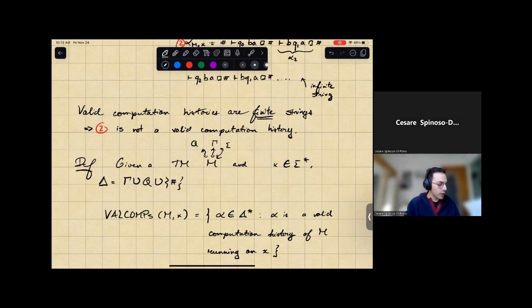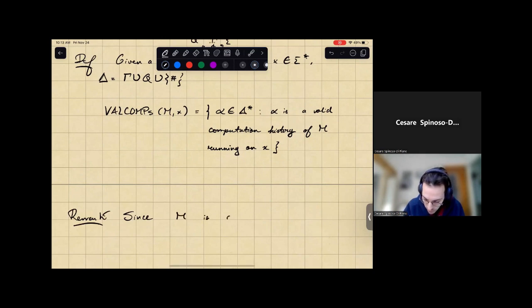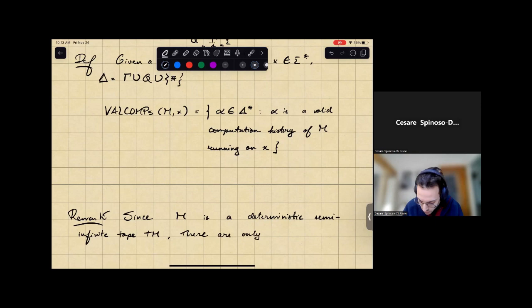And there's an extremely important remark to make about valcomps: since we're dealing with M being a deterministic semi-infinite tape Turing machine, there are really only two options for valcomps MX.